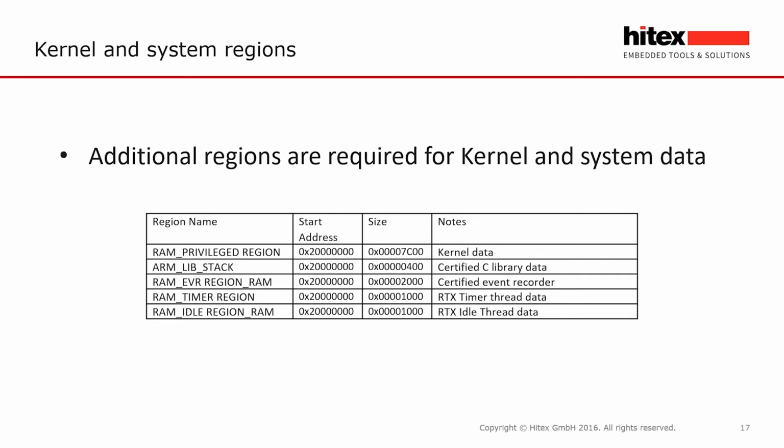So things like the kernel data, the certified C library. There's also the debug agent, the event recorder, which will be shared across all of the threads. And that is very useful for reporting runtime information back to the debugger. And then there are other standard features that are created by the RTOS, so a timer thread and also the background idle thread as well. So we have to take all of these into account.